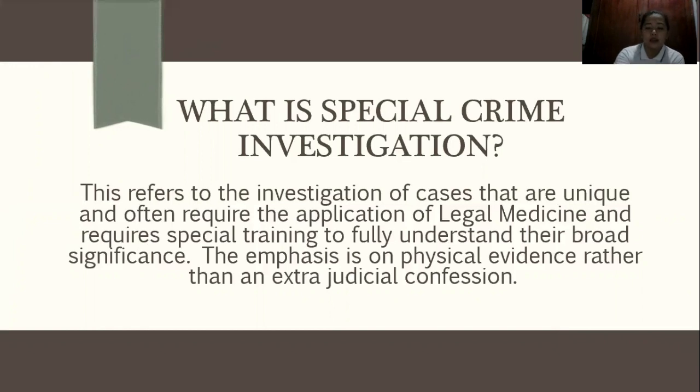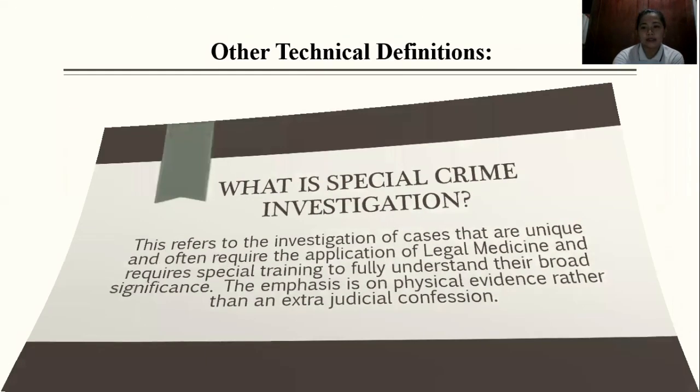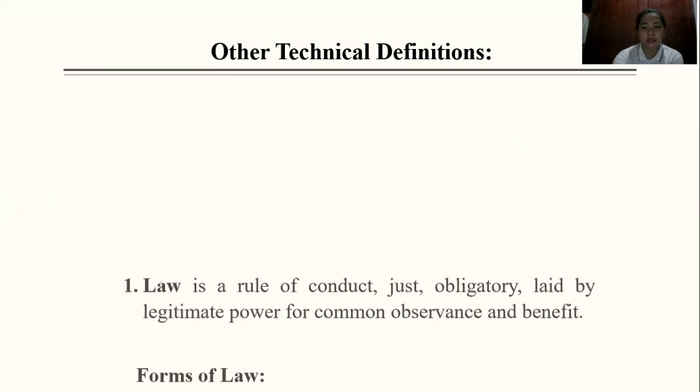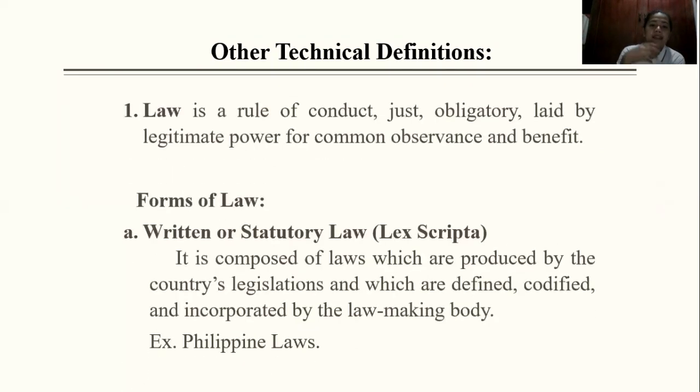So, in order for us to understand our discussions more, there are some technical terms that we need to define. The first term is law. Law is a rule of conduct, just, obligatory, laid down by legitimate power for common observance and benefit. So law has three characteristics.